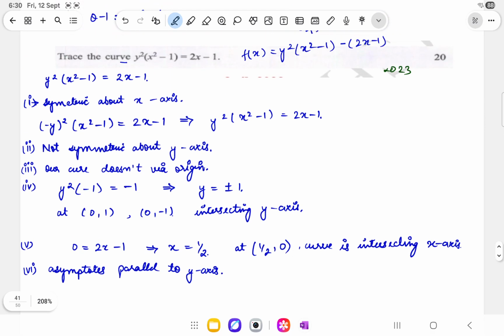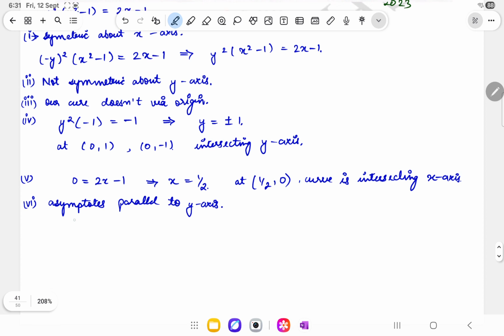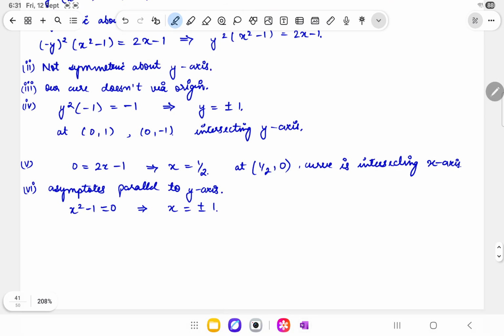If you observe, the highest power of y is 2, so the coefficient of y square is basically x square minus 1. So x square minus 1 equals 0 gives us the asymptotes that are parallel to the y-axis, that is basically x equals plus minus 1. So these are asymptotes parallel to the y-axis. Now let us find the asymptotes that are parallel to the x-axis.